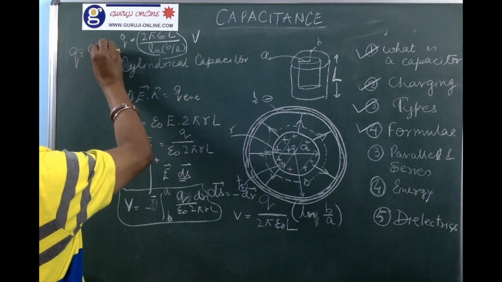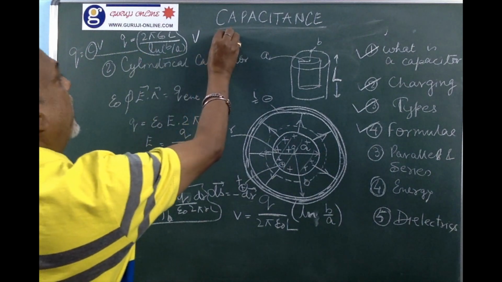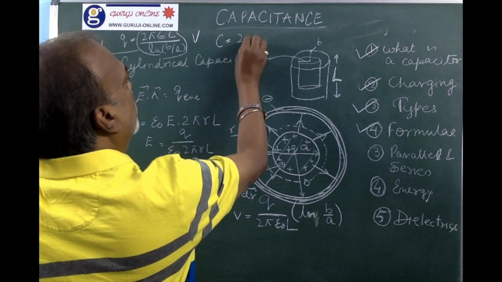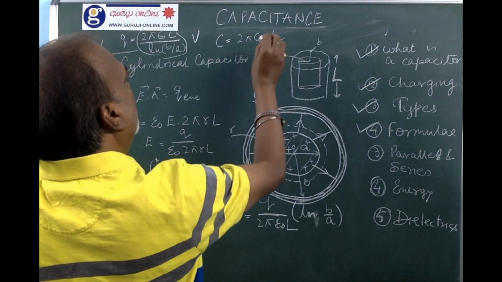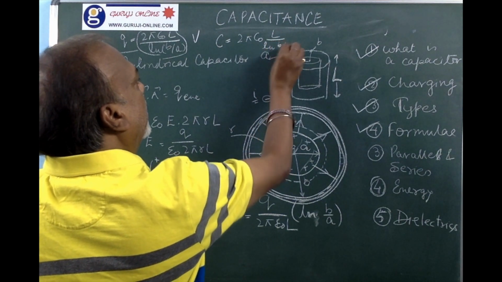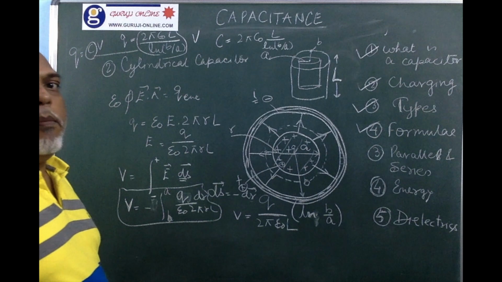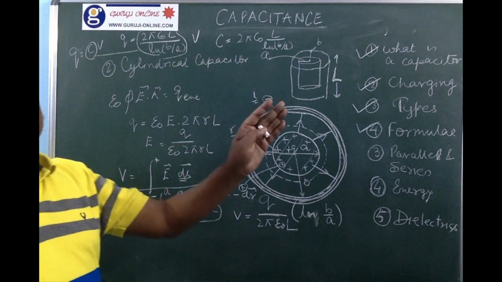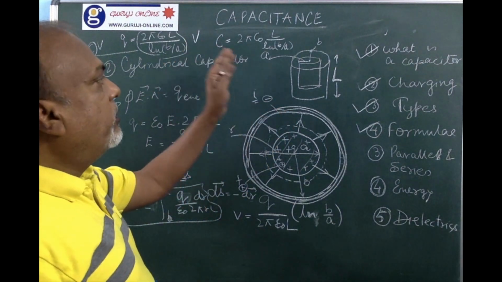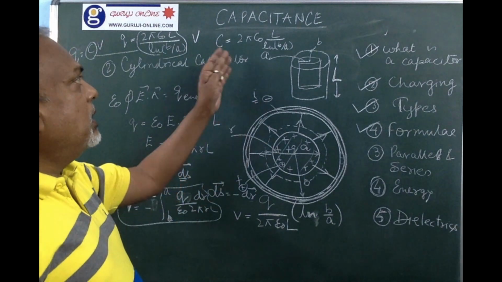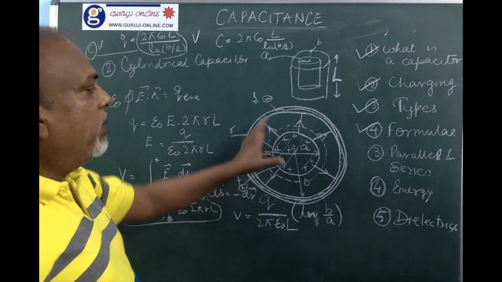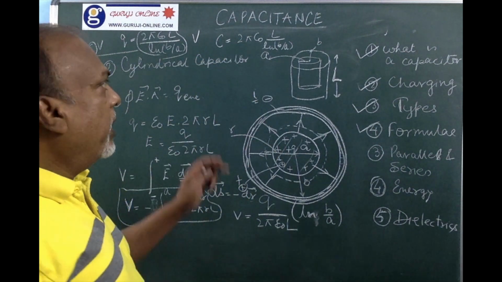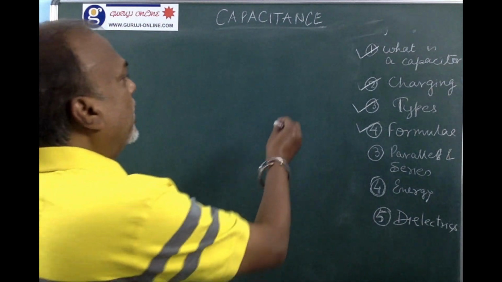So C here, in the case of a cylindrical capacitor, is 2 pi epsilon 0 L upon log B upon A. Any problem? So you have to see, if a parallel plate capacitor is there, C's value is different. If a cylindrical capacitor is there, then C's value is different. It depends on the geometry of the capacitor. Here also it does not depend on Q or V or anything else. Okay. Now let us see a spherical capacitor.